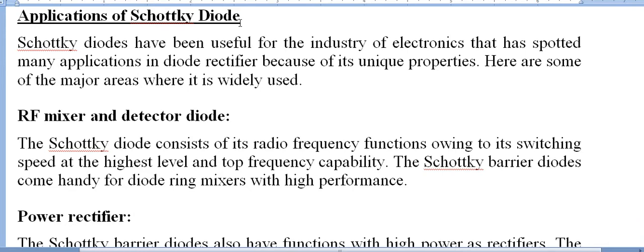Because there is a metal and semiconductor interface, there will be no depletion layer, and because of this there will be no charge storage, so the reverse recovery time will be almost negligible, and because of this the switching speed is very fast in case of the Schottky diode. So this type of diode is very much suitable when we are dealing with very high frequency signals.